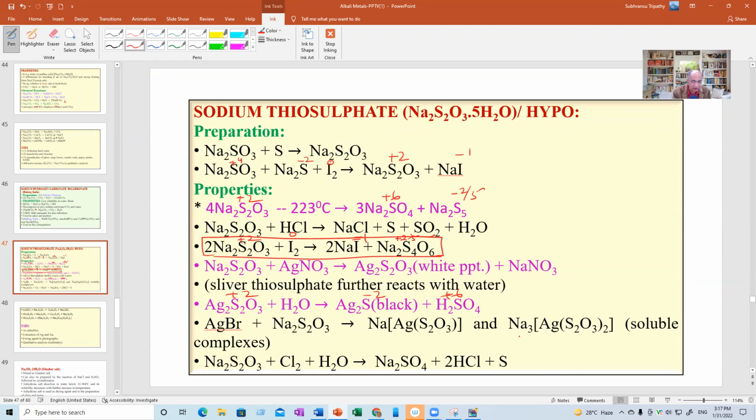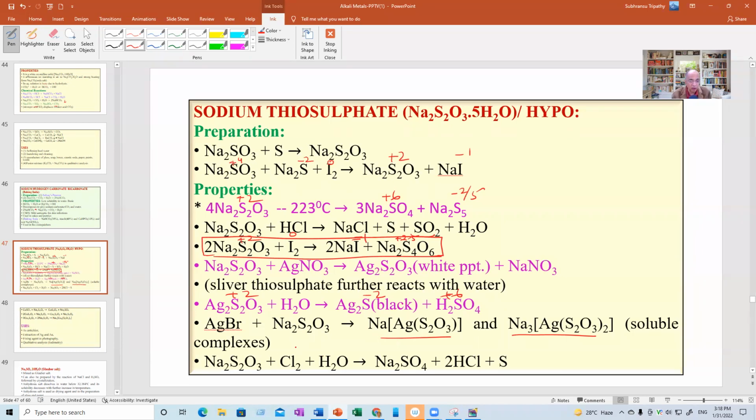If you take excess, then this complex; if you take less, then this complex. So silver halide will be coming out of the photographic plate, and only the portions which are exposed are a little delicate and will undergo this reaction. The other will not. So the development of ghosts will be there in the photographic plate. I'm not very proficient about those things really taking place, but this is the chemical reaction.